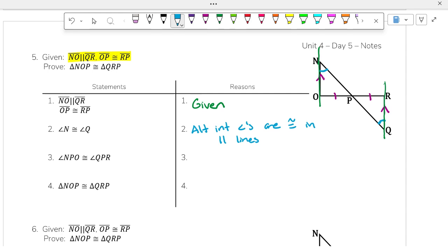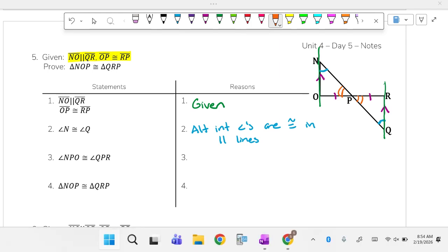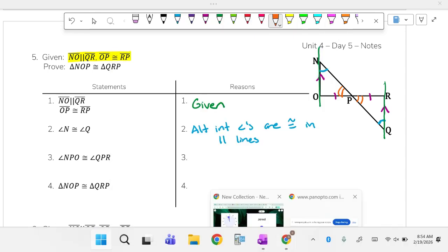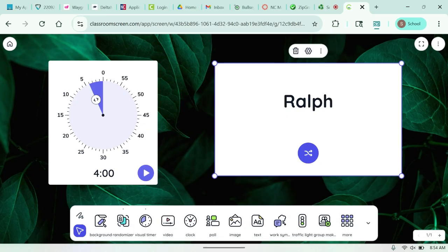All right. They then said that NPO, so this angle right here, I'm going to mark it with 2 ticks because it's a different angle, is congruent to QPR. So this angle right here. All right. What was the reason for that? Let's go with Ralph.